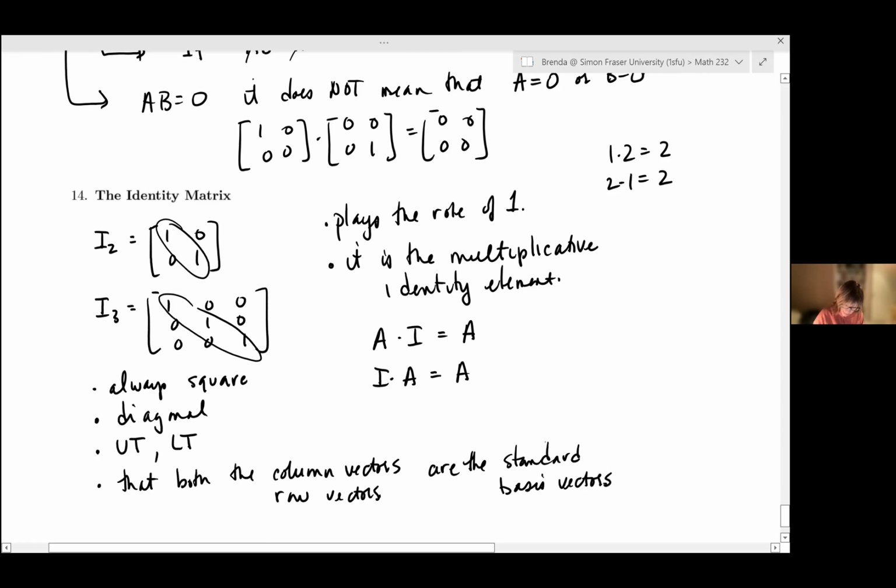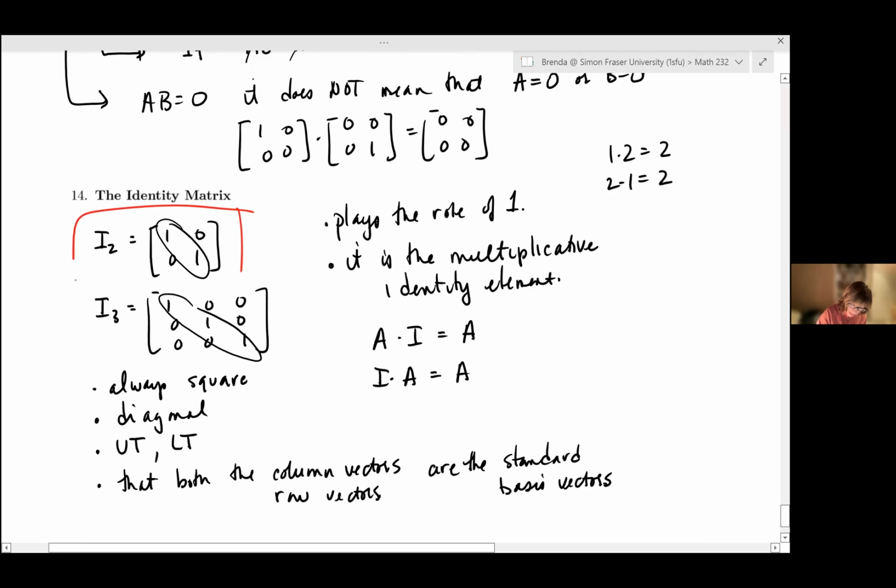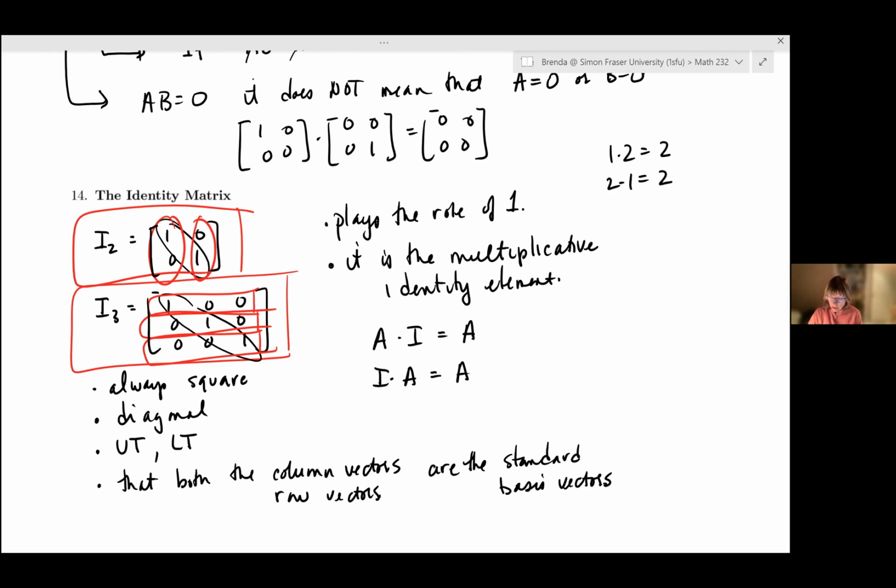So when we look at the matrix I2, we notice that these guys are the standard basis vectors for R2. When we look at I3, we can see that these guys are the standard basis vectors for R3. An important matrix that we often need to make use of.